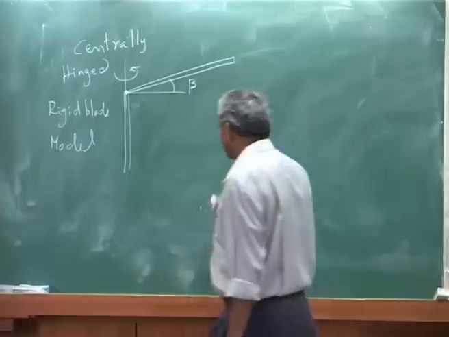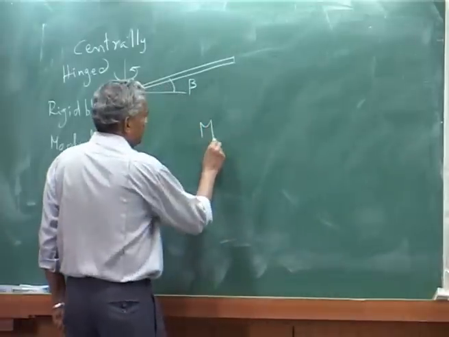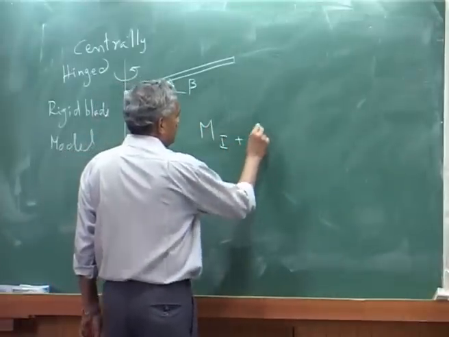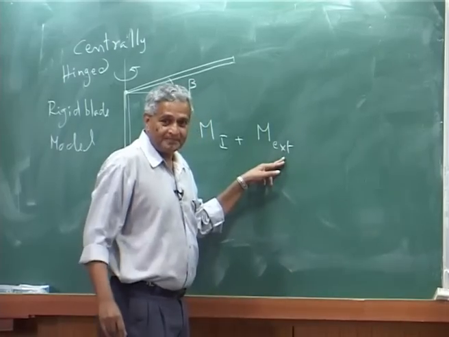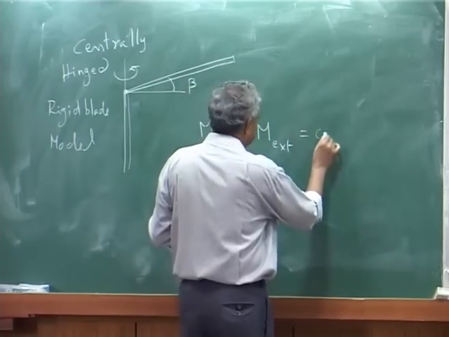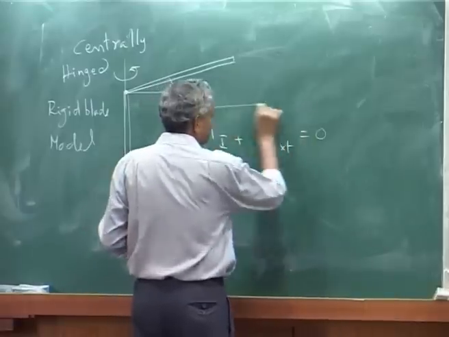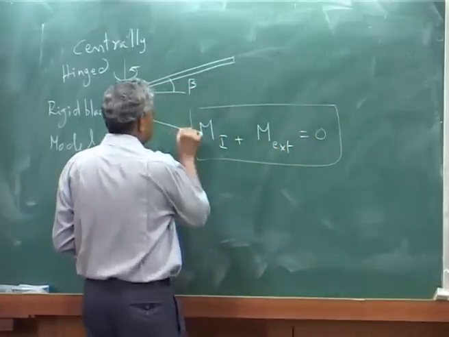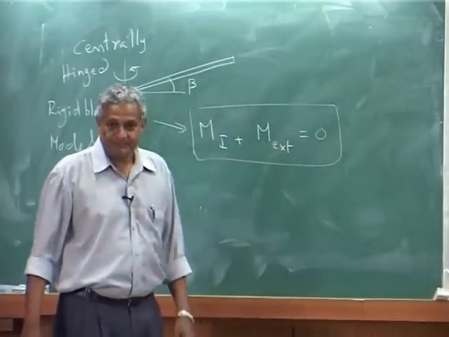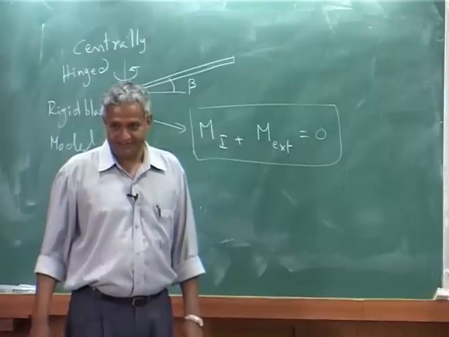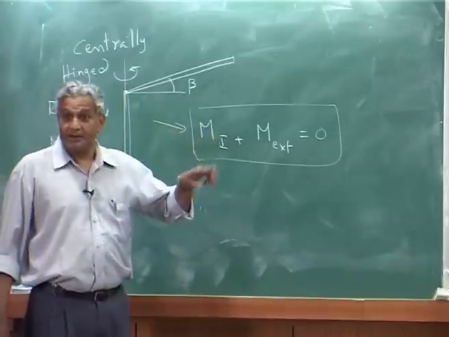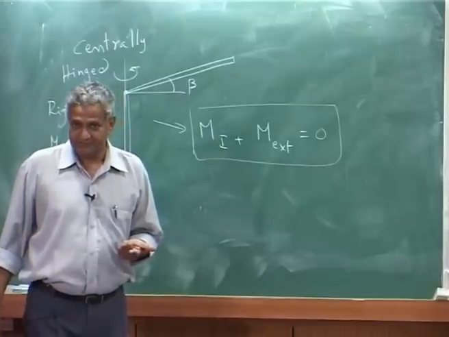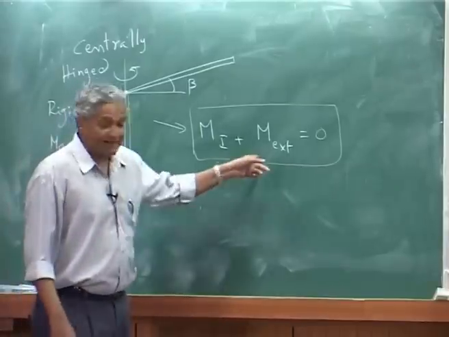So the equation, first you write the inertia moment M_I plus M external, which is actually aerodynamics. This is 0. For this model, please understand, that is for this model. Whereas when you put a spring, you will get a spring force also. So that you have to add here.